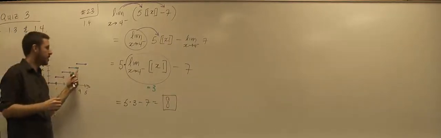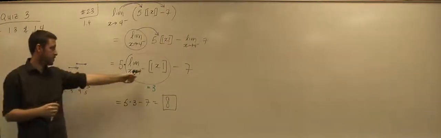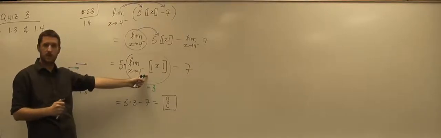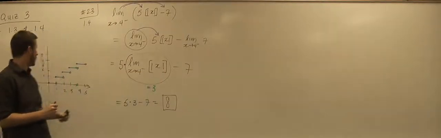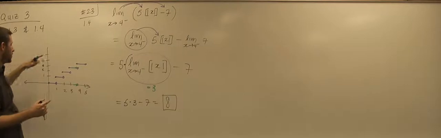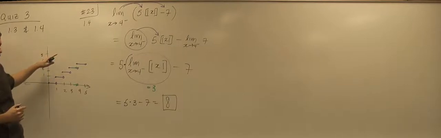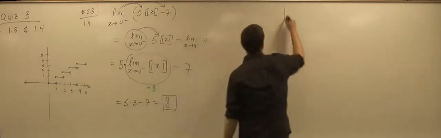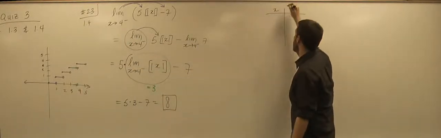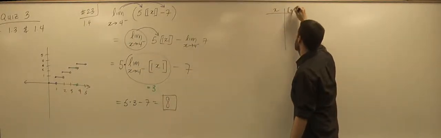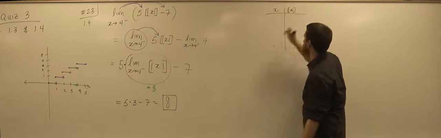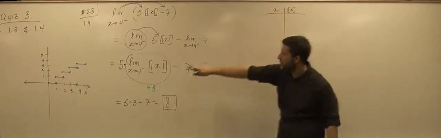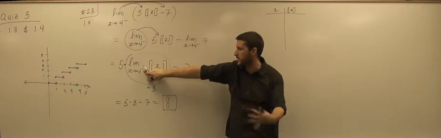Instead of using the graph, how else could you have evaluated this? If you're not sure, or if you're too lazy to really draw a graph, which would be my reason, you could do a table. It wouldn't be that hard for greatest integer. You would do x and greatest integer of x, the function of x. And you plug in things just to the left of 4, right? The negative means to the left.